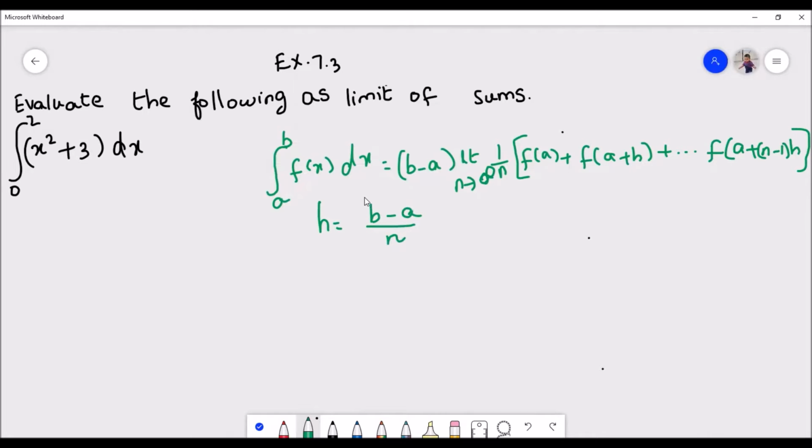So this is the formula to find the integration as limit of sum. Here, as n tends to infinity, h approaches 0.